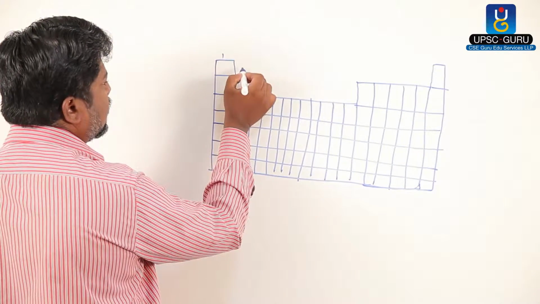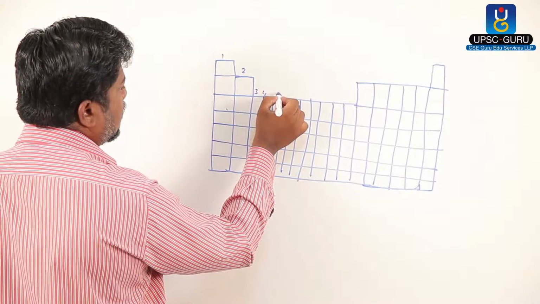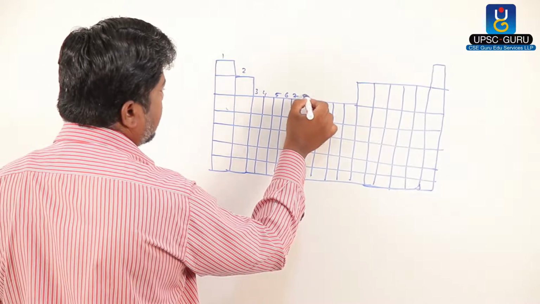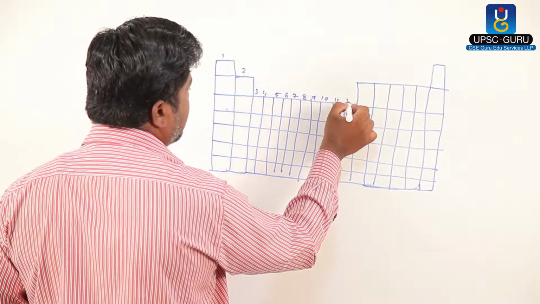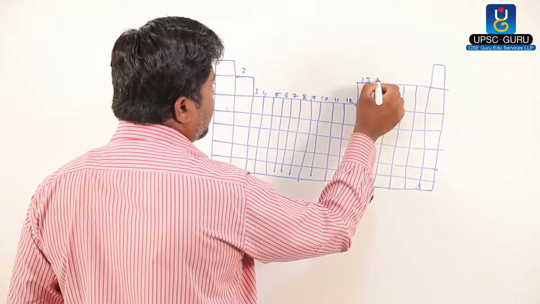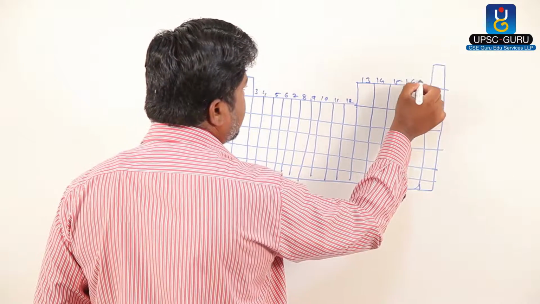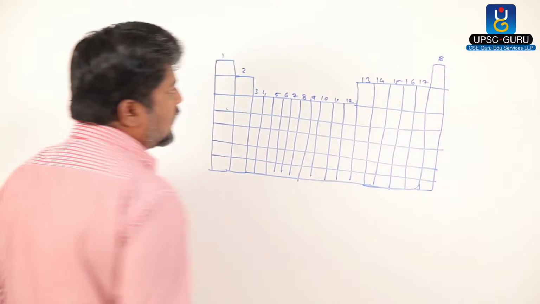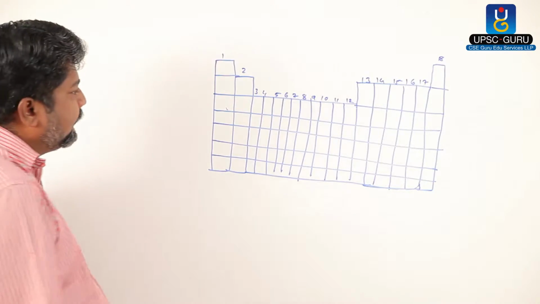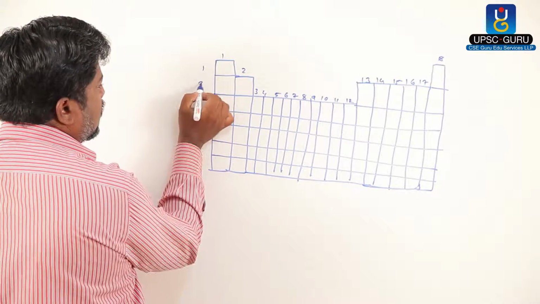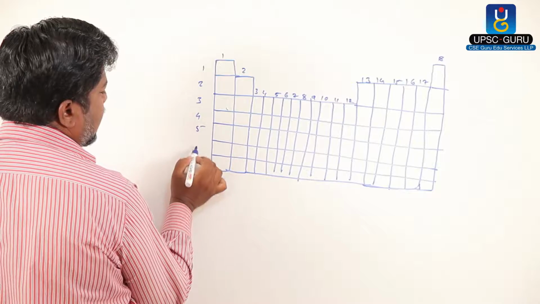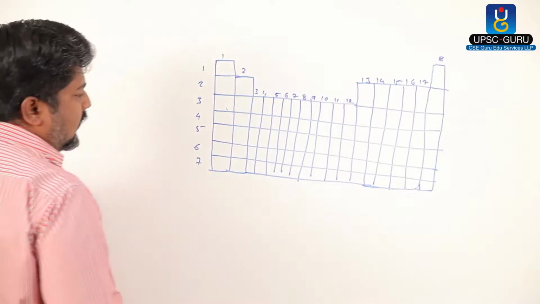You're aware of groups 1, 2, 3, 4, 5, 6, 7, 8, 9, 10, 11, 12, 13, 14, 15, 16, 17, 18. So these 18 groups are there. Now rows number 1, 2, 3, 4, 5, 6, 7.